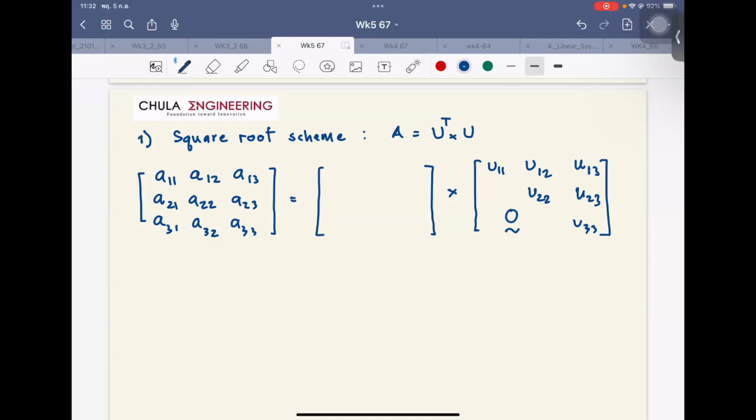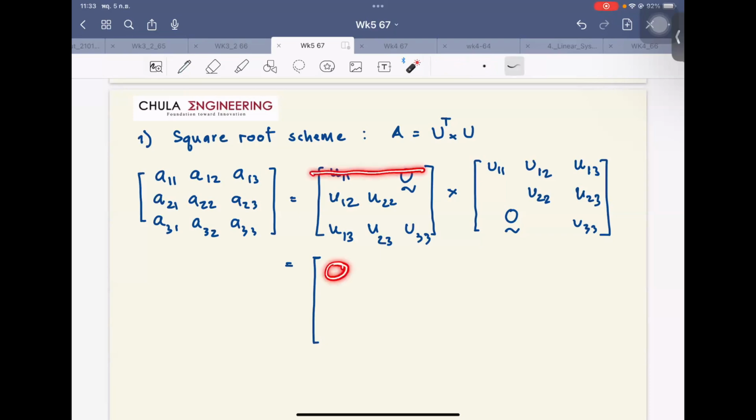And when you do the transpose, I'm writing here U11. This is actually at the second row, first column, but I know that its value will be U12, the same value, U13. And this is U22, U23, U33, and this is 0. We make use of matrix multiplication. This element will be from this and this, so it's U11 times U11, which is U11 square.